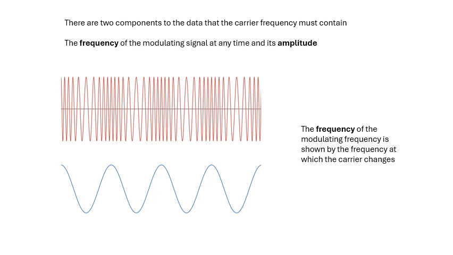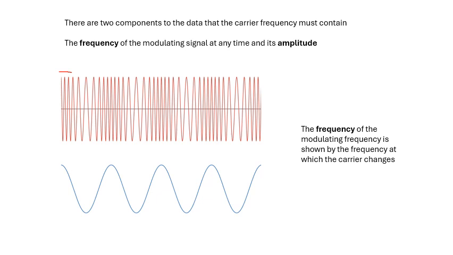It needs to carry information about the frequency, and it needs to carry information about the amplitude at any point in time. Now, the frequency of the modulating wave, the audio wave, is shown by how the frequency changes of the carrier wave. So if you look where it's a peak there, the waves are closer together.